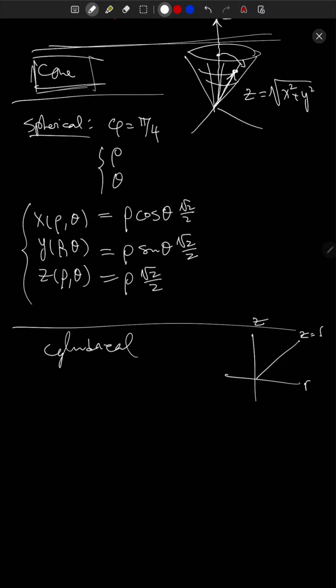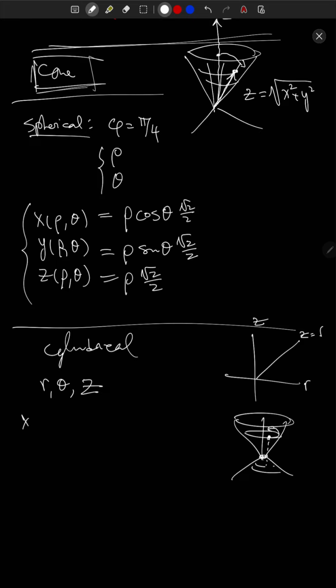Let me draw the picture down here. So cylindrical coordinates are r, theta, and z, where the r describes how far out we go this way, and you just go up to figure out where you are, like that. And then the theta describes your rotation.